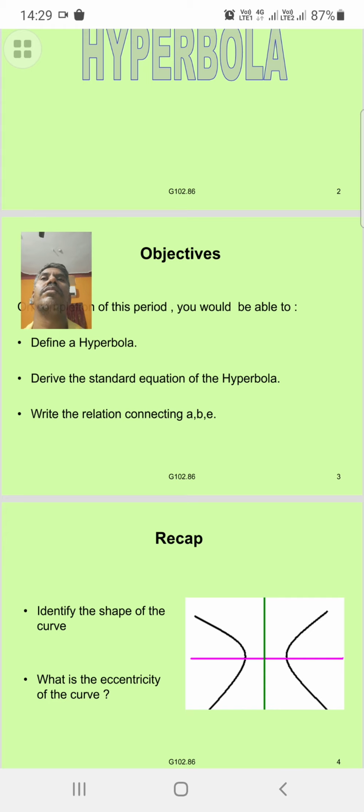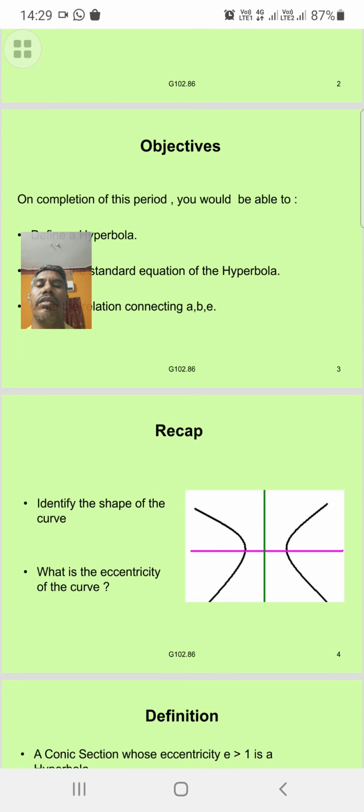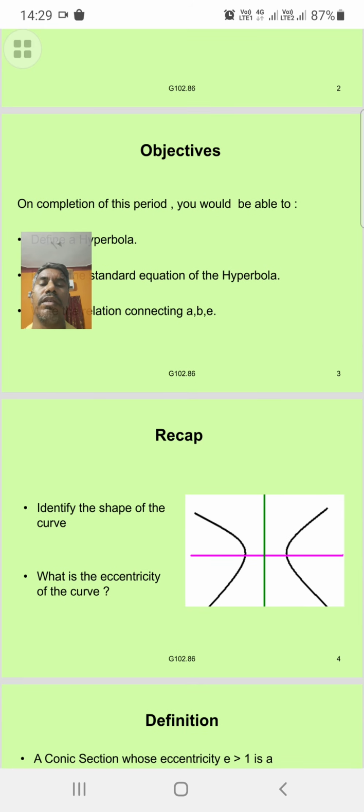The transverse axis is where it cuts the hyperbola, and there we take vertices A and A1, and two foci, one for each side of the diagram of the hyperbola, and two directrices, and one center point.